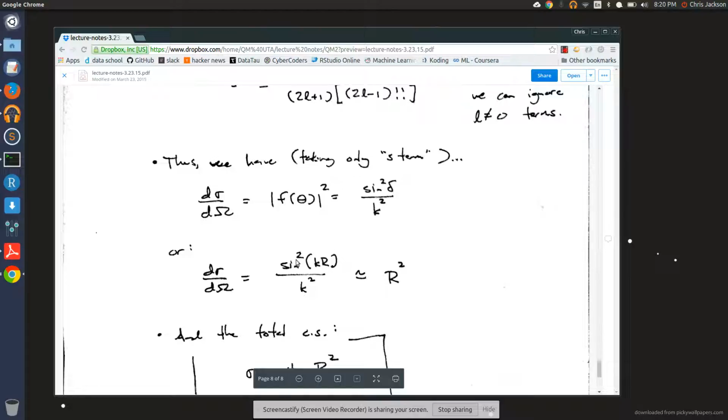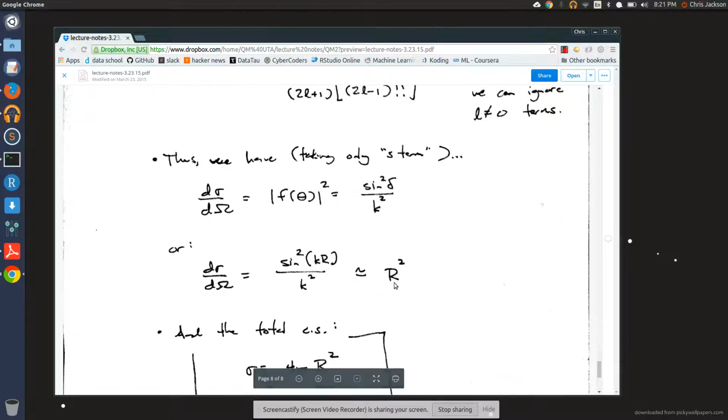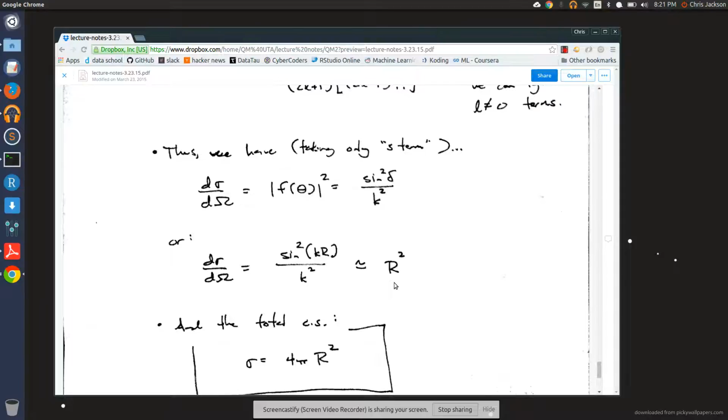But it's sine squared, so the sign goes away, over k squared. In the limit where this is small, I can expand this sine squared, and it's going to go like k squared R squared. The k squareds cancel, and so in the low energy limit, the differential cross-section just goes like R squared. That's why we call it a cross-section, because it has units of area.